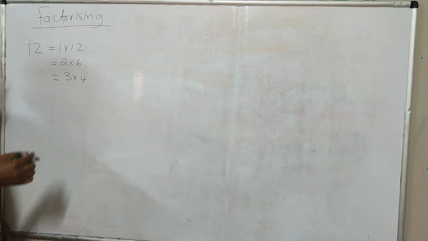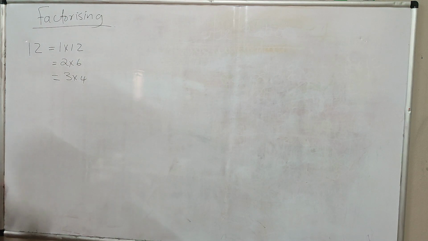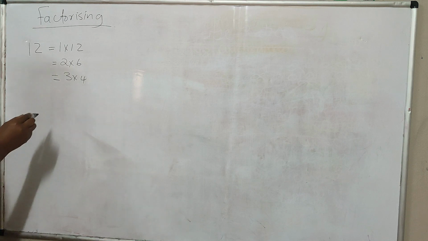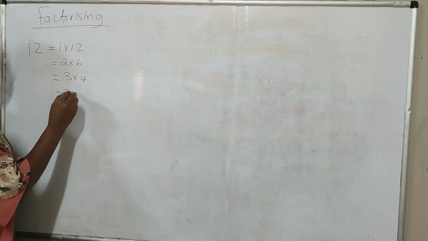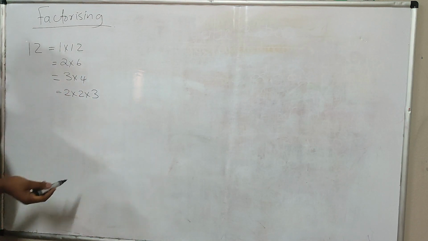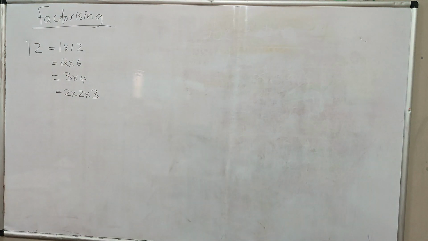How else? 4 times 3, I will accept that. 6 times 2, great. 12 times 1, right? Or you can say 2 times 2 times 3. Correct. This is still factorizing 12.